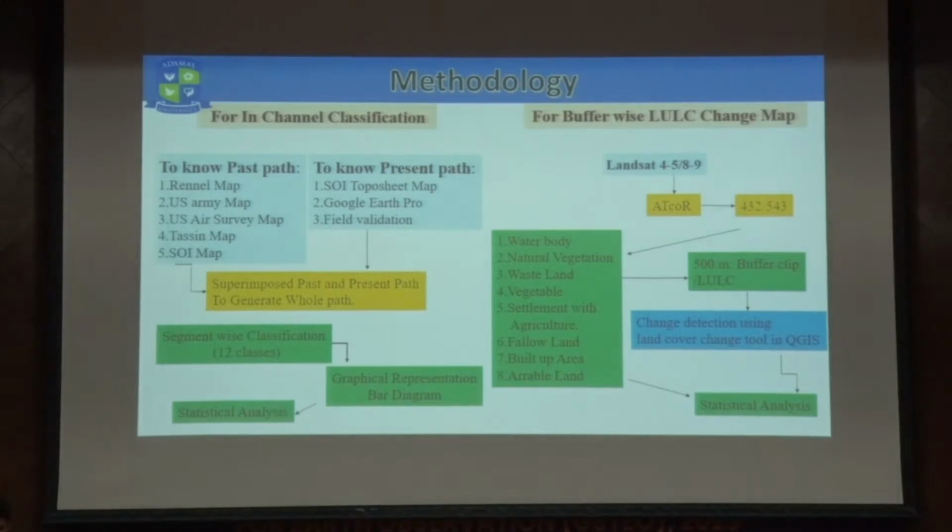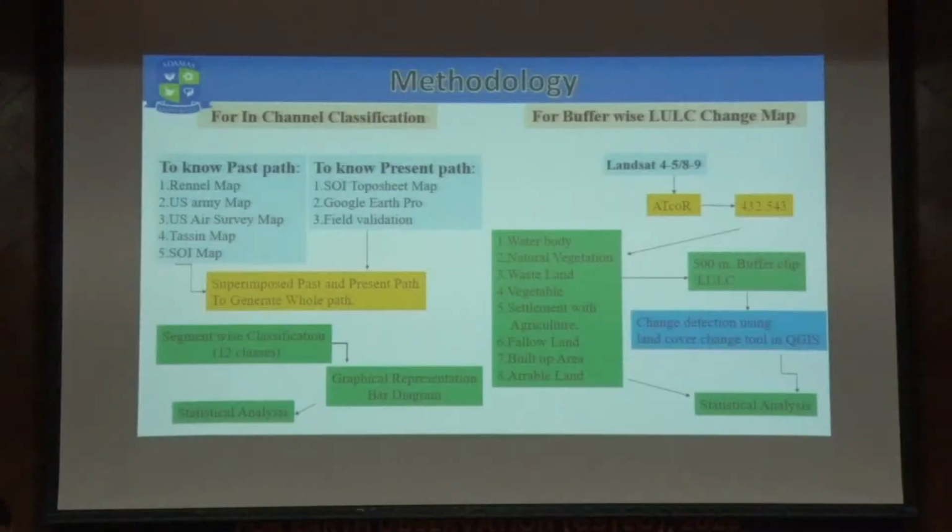I collected some data from Daniel's map, US survey map, Tassin's maps and Survey of India topographic map to delineate the past conditions of the river, or the past path. And for the present path, I mainly used Google Earth Pro and, obviously, field validation.